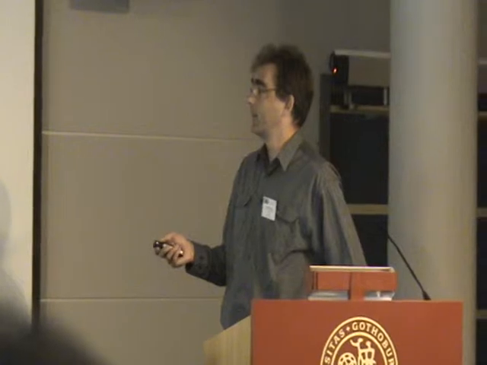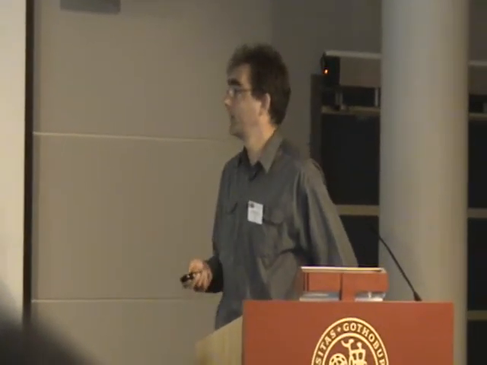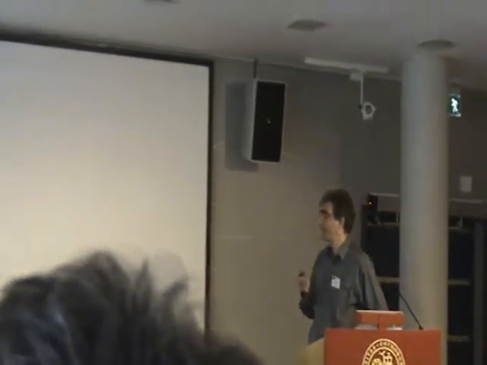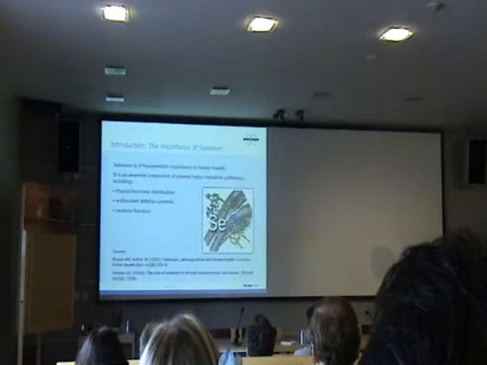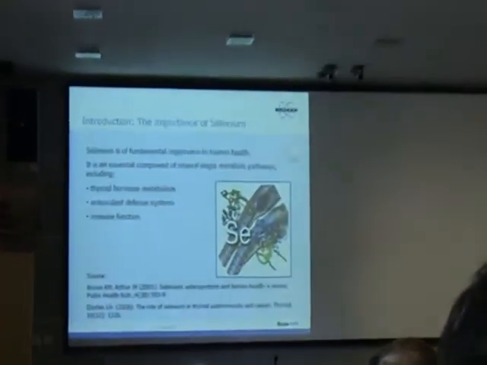And this is only a small part of it. But they have found out that it's an essential component for major metabolic pathways. I will not try to read it because I think I will get my tongue into trouble trying to say steroid hormone metabolism. And it's quite important for antioxidant defenses.